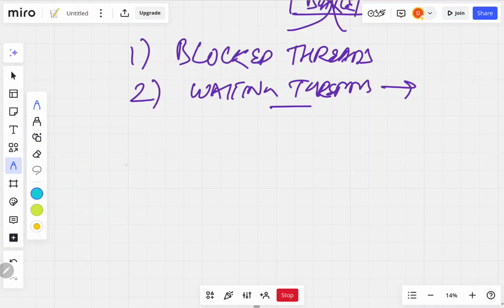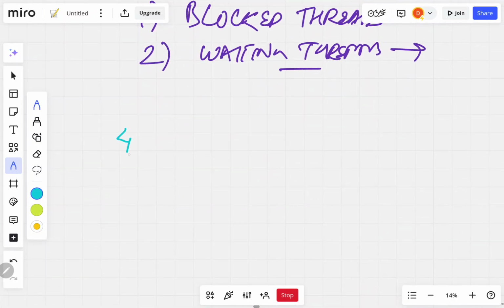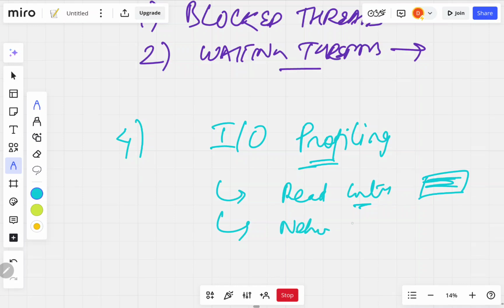Now this is the fourth part, input output profiling. Input output, like whenever we are reading, writing to a disk, read write operations on a disk, or you are doing some network operations.